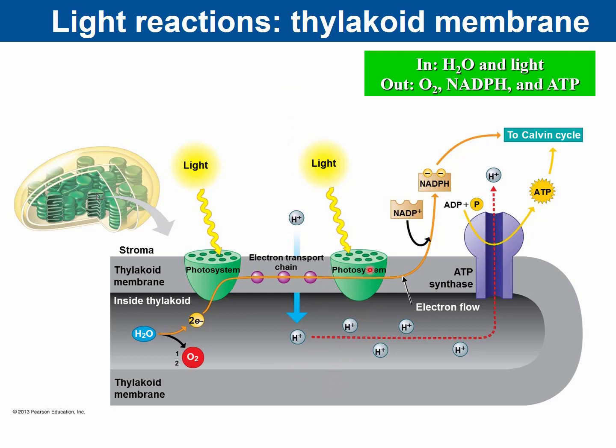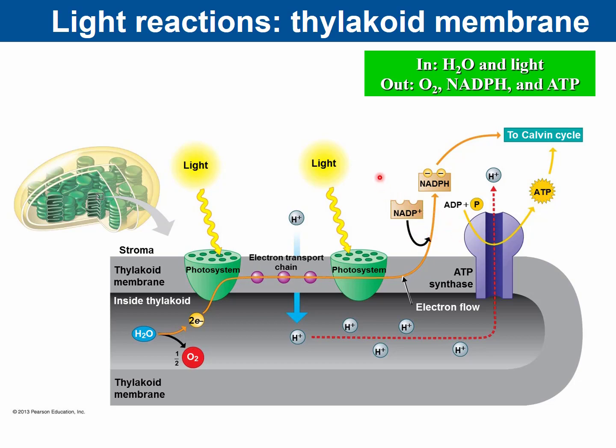The electrons come to another photosystem. Pigment molecules in this photosystem excite those electrons again, making them higher energy. The electrons move down the chain, and eventually they're going to get put onto an electron carrier. And in this case, our electron carrier is not NAD+, it's NADP+. The way I remember this is like the P, like photosynthesis.